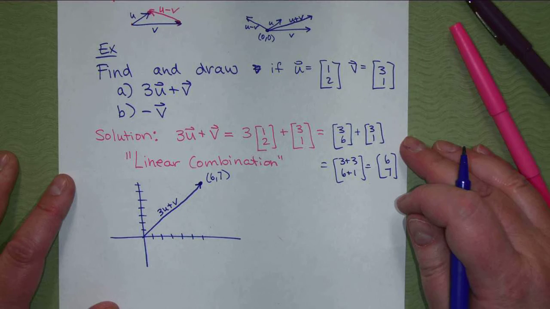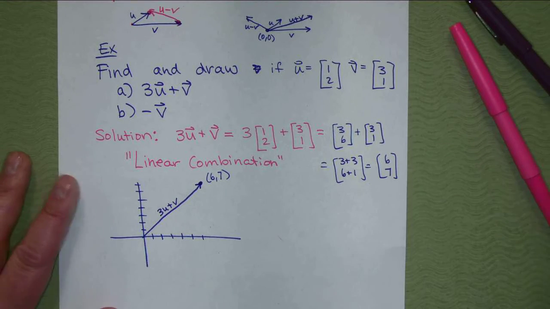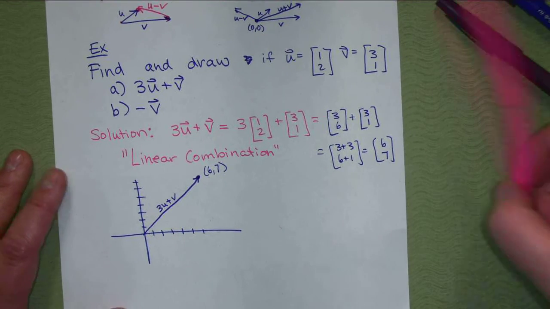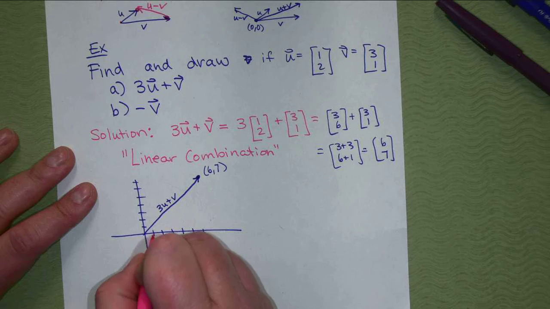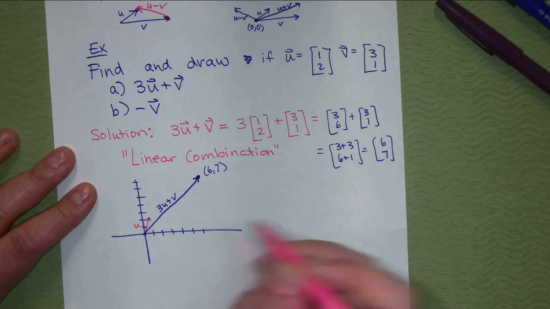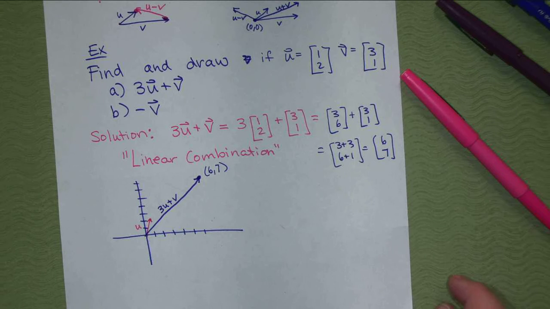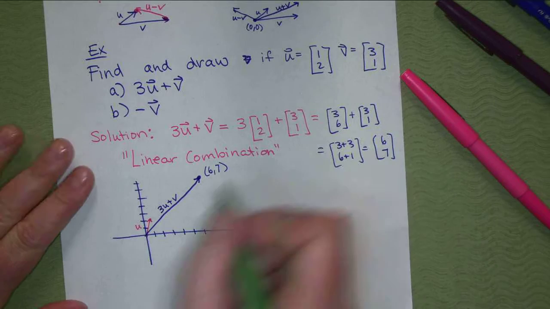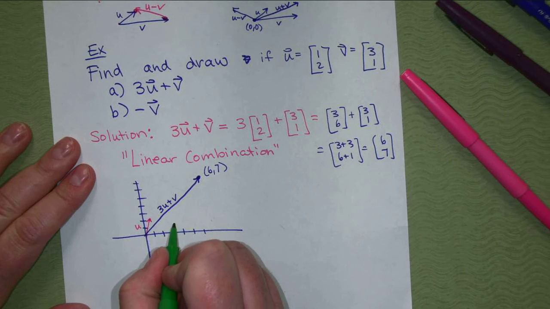Right? Now let's put u and v on. u is (1, 2), and v is (3, 1).